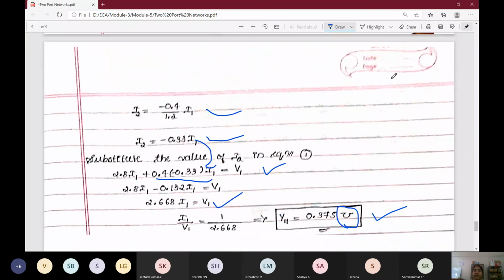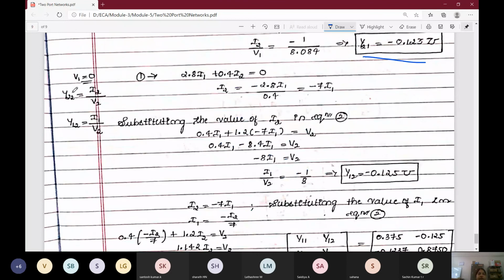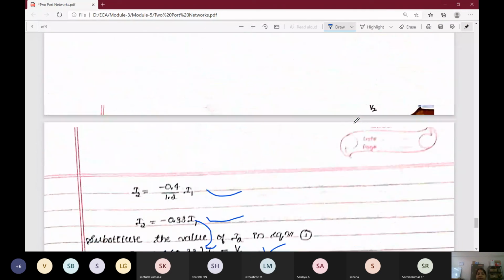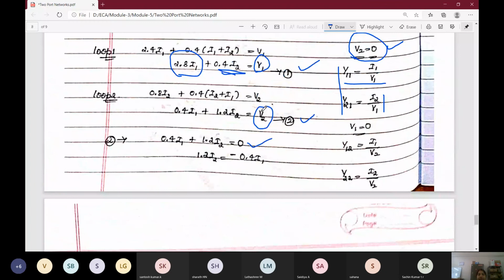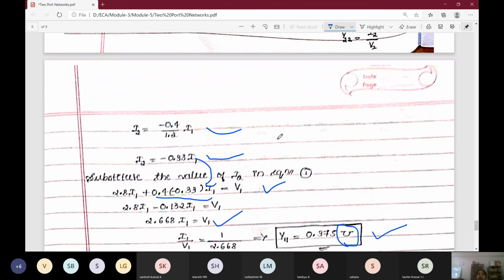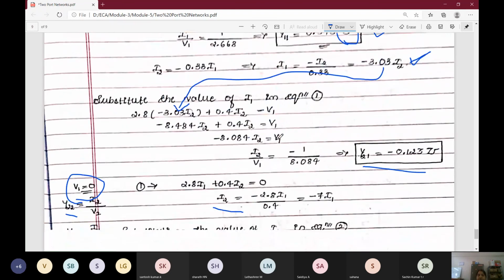Next we'll follow with V1. The same method will be followed for V1 equal to 0. When V1 is equal to 0, you have to find Y22 and Y12. So when V1 is equal to 0, just find the I2 value. After finding it, substitute in equation 2, because we want I2 by V2. We don't want I1, so I1 should be removed or put in terms of I2.